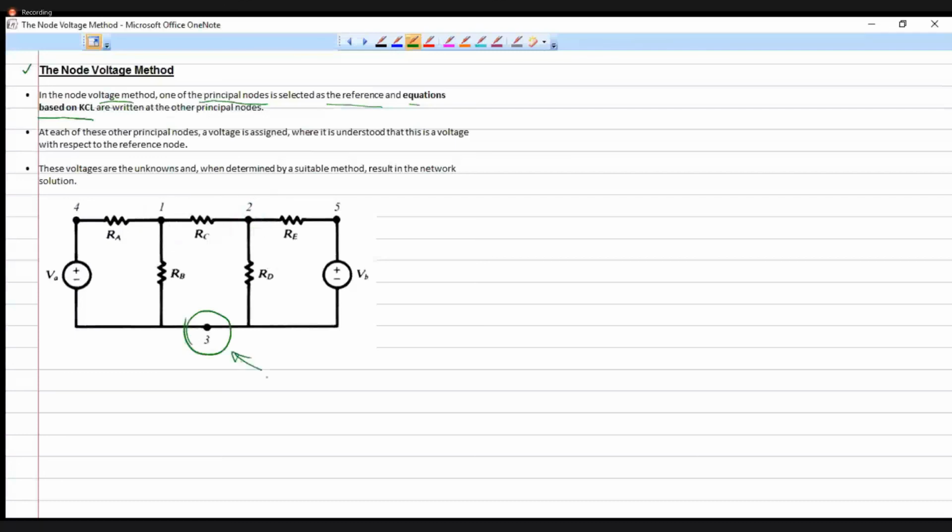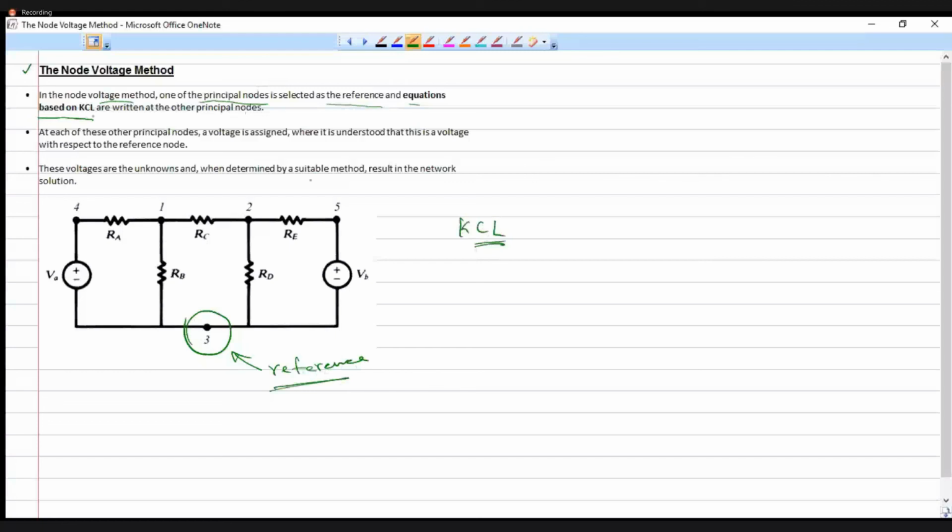Now we have done the first part, which is to identify a reference node. We have multiple principal nodes, and out of these we identify one and make it the reference node. Then, based on this reference node, we write the KCL equations, Kirchhoff's current law equations.